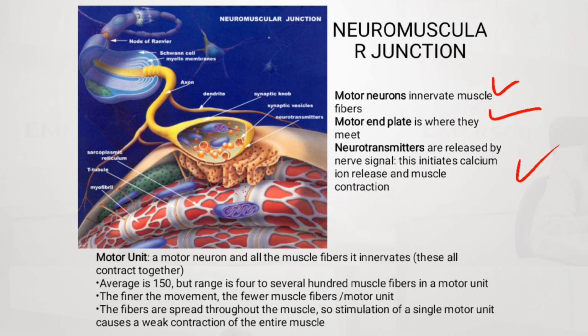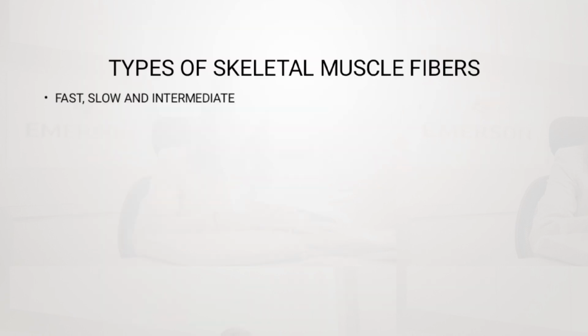The average is about 150, but the range is 4 to several hundred muscle fibers in a motor unit. The finer the movement, the fewer muscle fibers in the motor unit. The fibers are spread throughout the muscle, so stimulation of a single motor unit causes a weak contraction of the entire muscle.